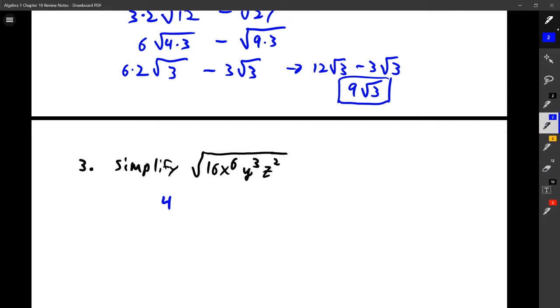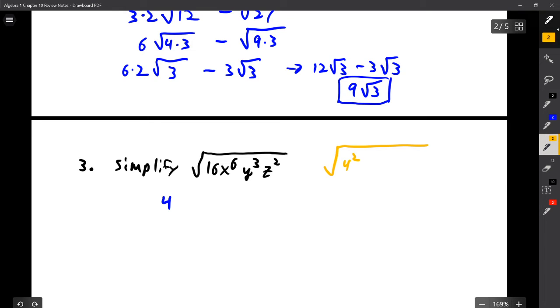Let me put this off to the side and see if this makes sense to you. 16 is a 4 squared, x cubed squared, because when you do x to the third to the second, you multiply the exponent. So an x cubed squared gives you 6 in x to the 6th. In other words, x to the third times another x to the third. How many total times are you multiplying x? You're multiplying it 6 times.